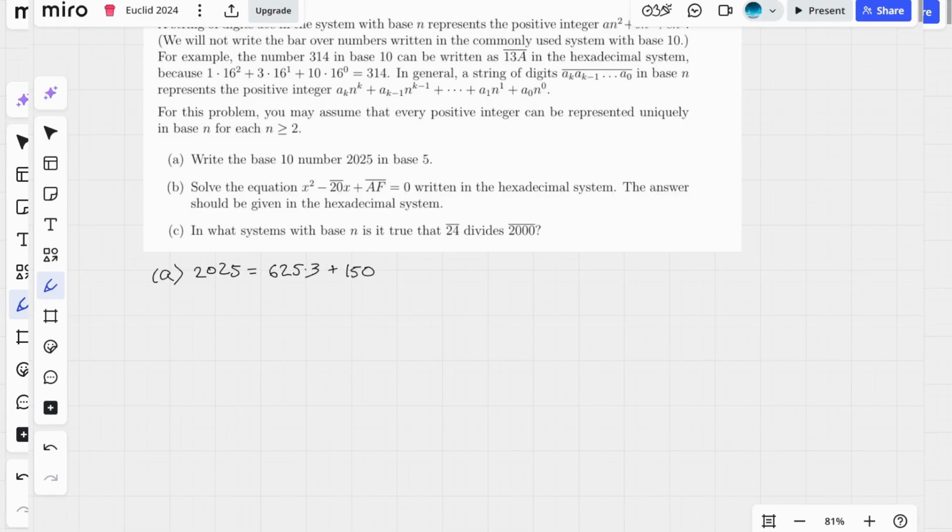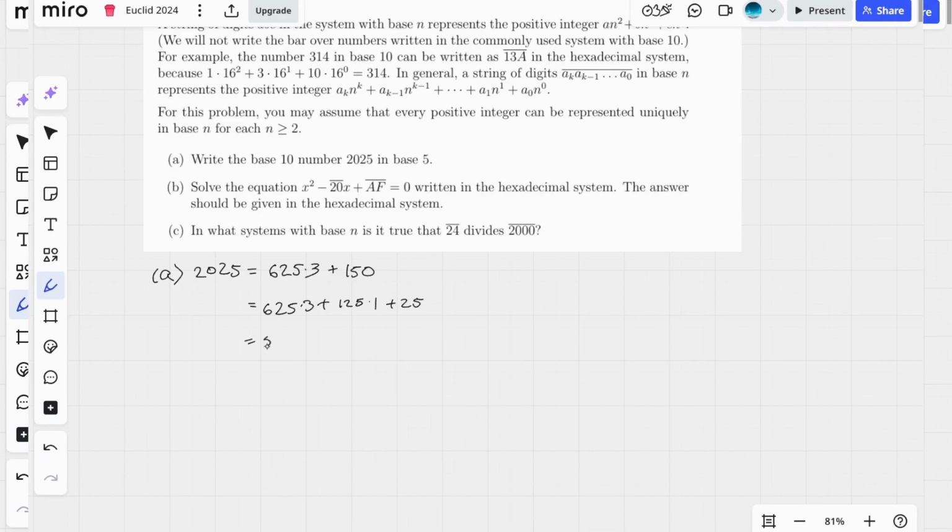And then you can write this as 625 times 3 plus the next biggest power of 5 that is less than 150, which would be 5 to the 3, which is 125. And so this would be plus 125, and obviously 125 can only go once before 150 minus 125 is less than 125. And then you're left with 25.